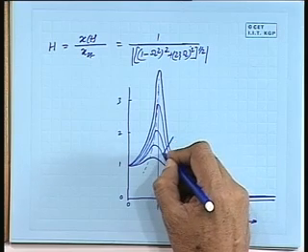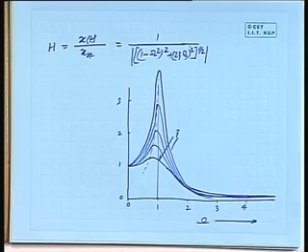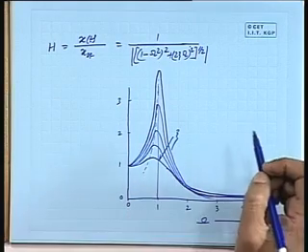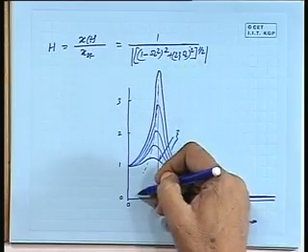So, one can say that in this direction the value of zeta is increasing. So, the peak value is shifting.